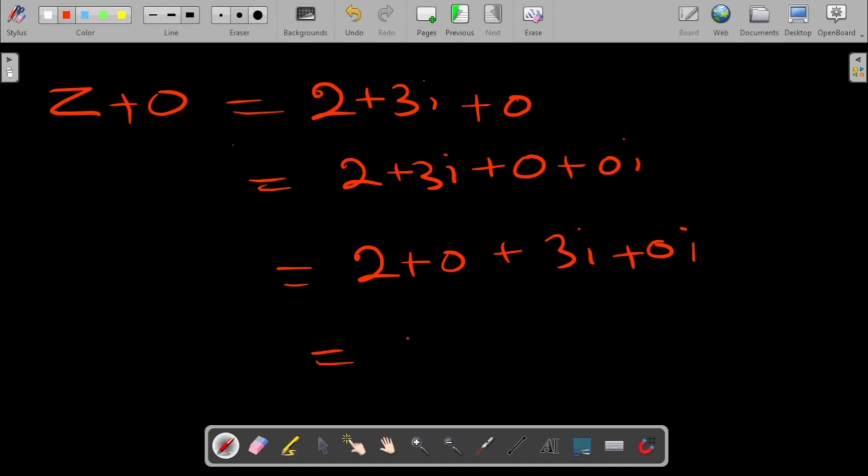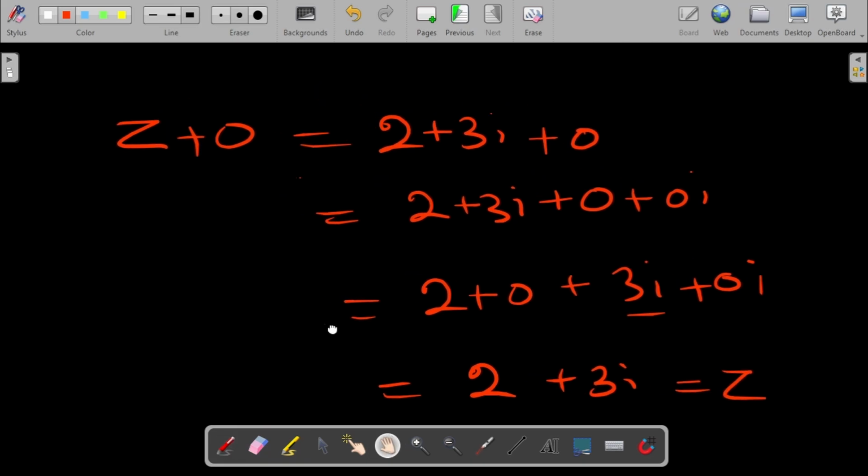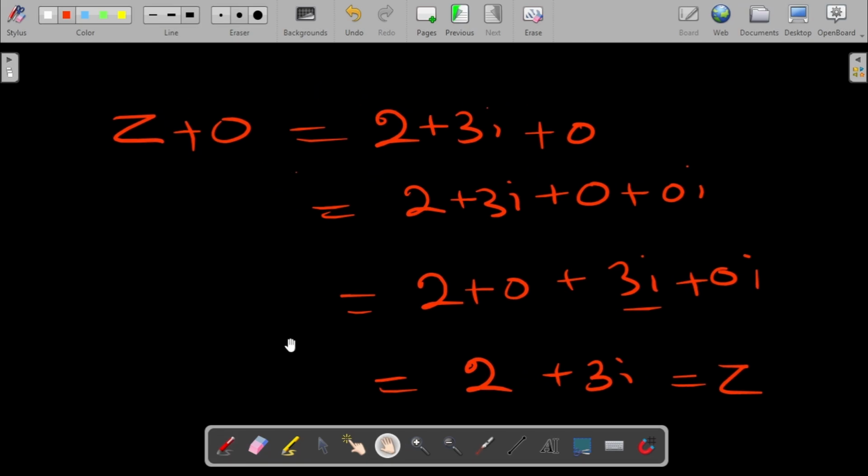So 2 plus 0 is 2, and 3i plus 0i is 3i. So z plus 0, again I will get z. So in complex numbers, there exists an additive identity.